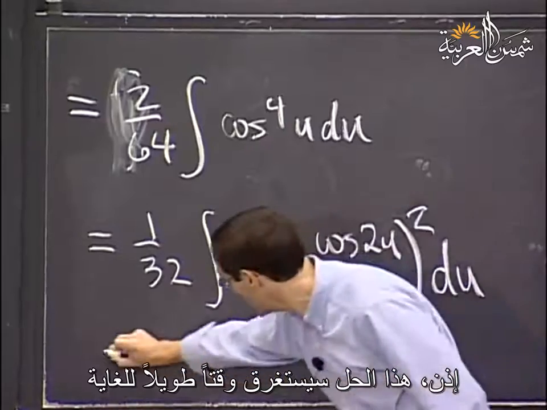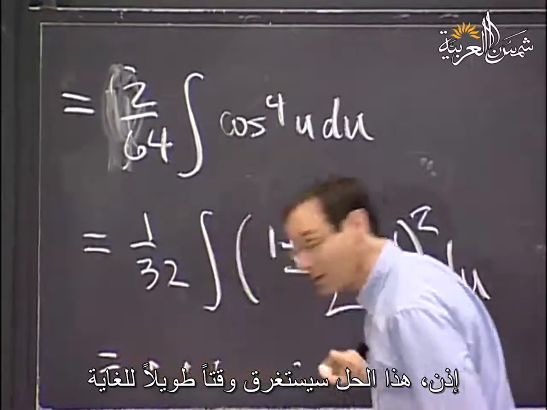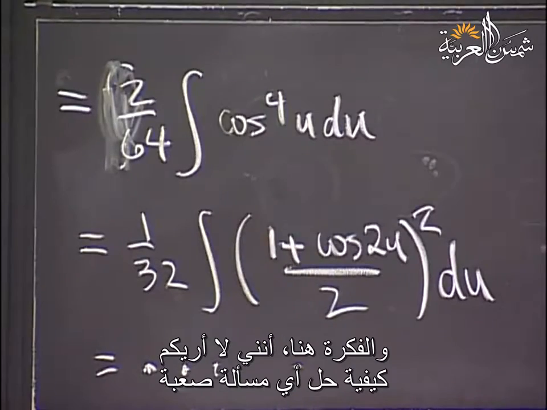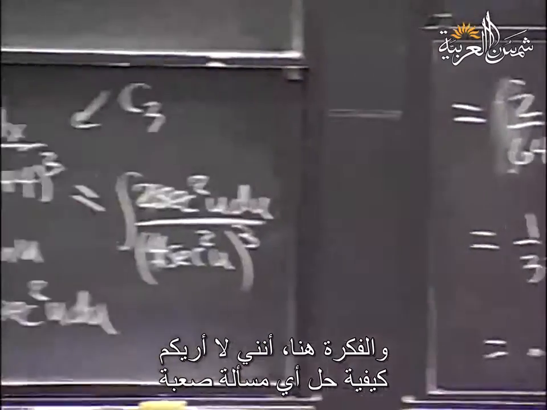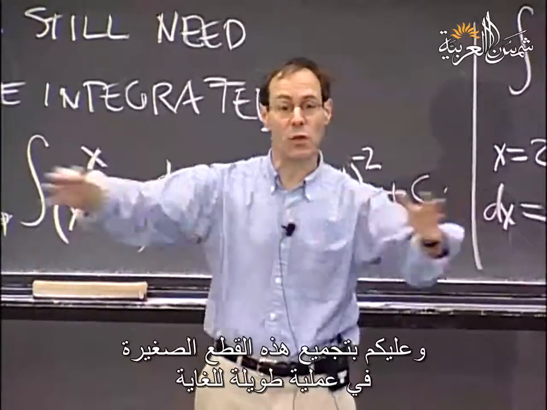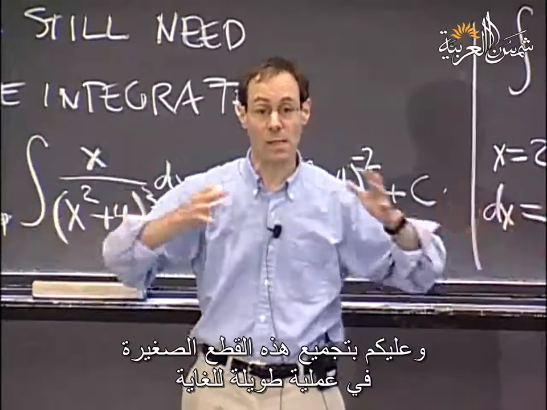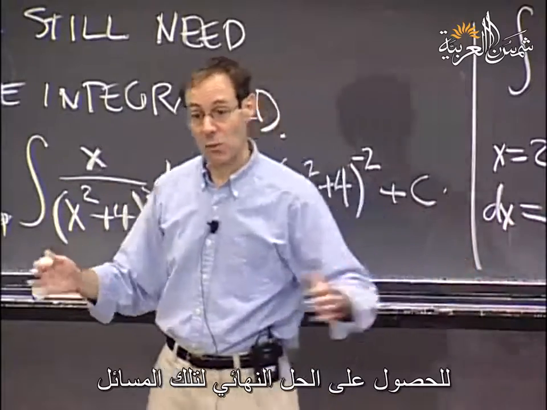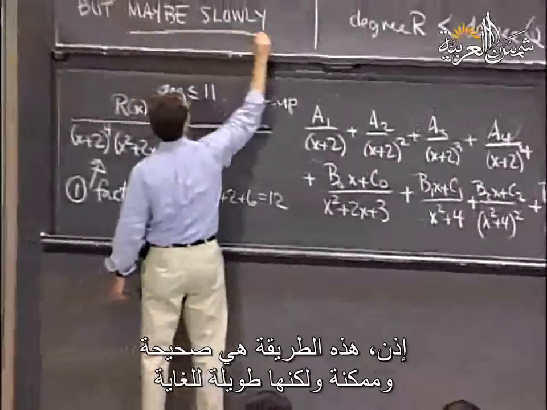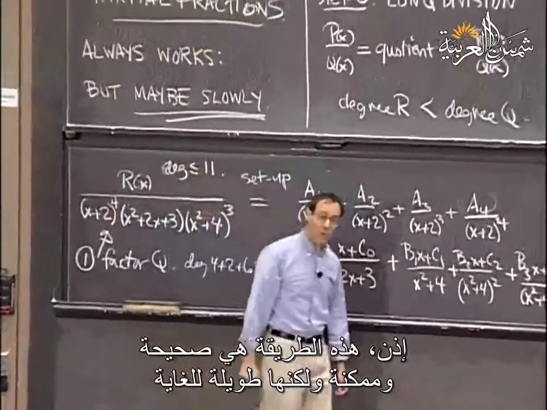So this thing goes on for a long time. And I'm not even going to finish this, but I just want to show you. The point is, we're not showing you how to do any complicated problem. We're just showing you all the little ingredients. And you have to string them together, a long, long process to get to the final answer of one of these questions. So it always works, but maybe slowly.